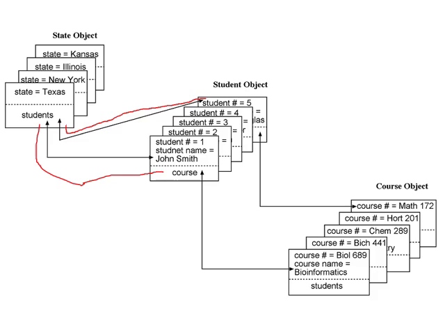So it indicates that these two students are from the state of Texas. Then this student object is connected with the course object, where we can see that student number 5 is taking the mathematics course Math 172, that is calculus, and student number 1 is taking the course Biol 689, that is bioinformatics. In this way, the objects are connected by pointers to establish the relationship between the different objects.